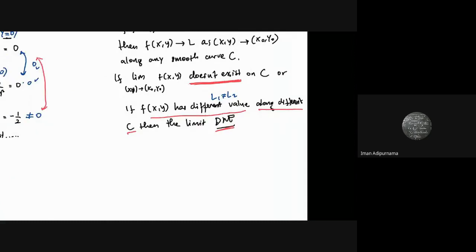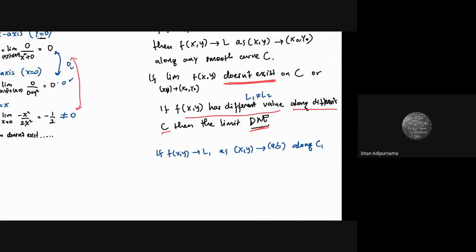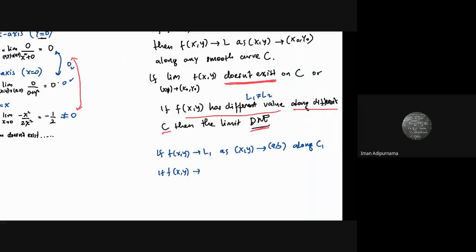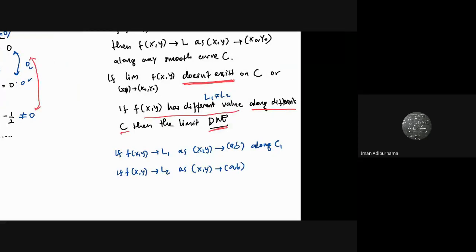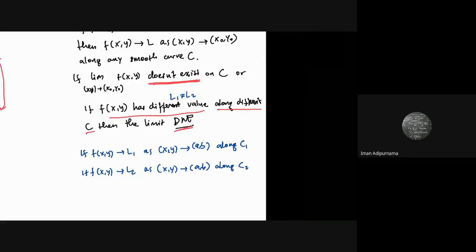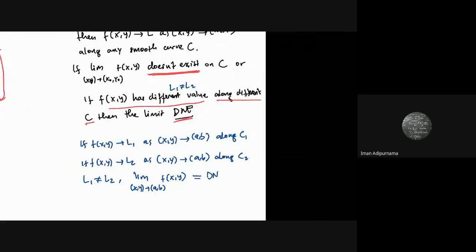Or we can also say, if f(x, y) goes to L1 as (x, y) goes to (a, b) along C1, and if f(x, y) goes to L2 as (x, y) goes to (a, b) along C2, and L1 is not equal to L2, then the limit as (x, y) goes to (a, b) of the function doesn't exist.